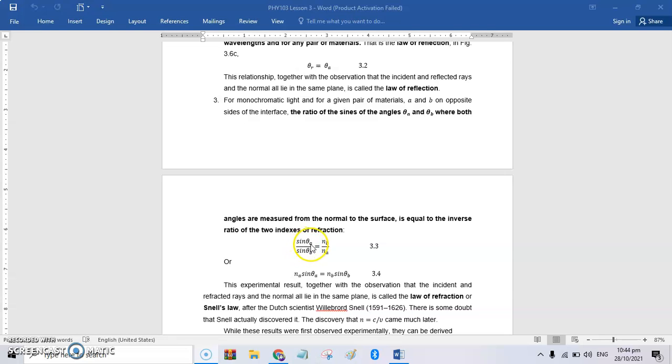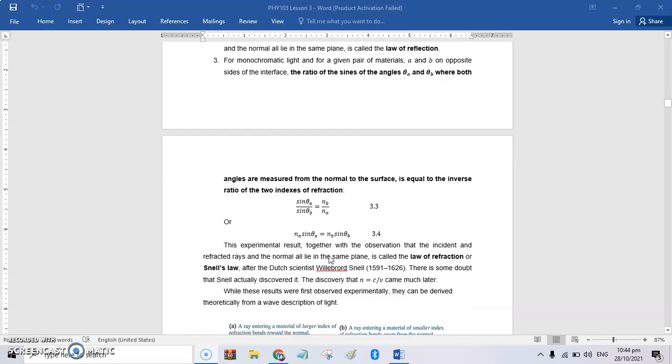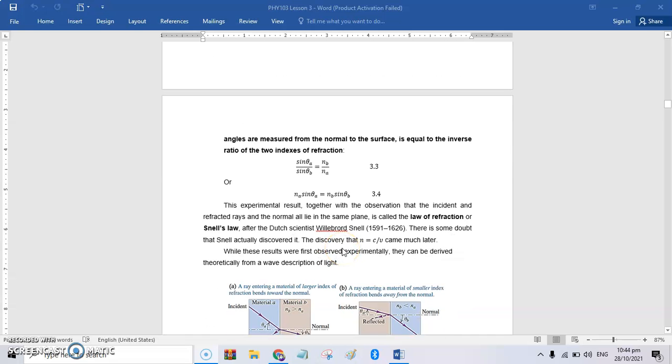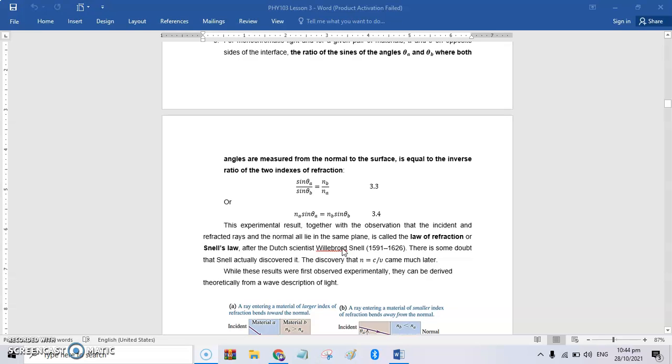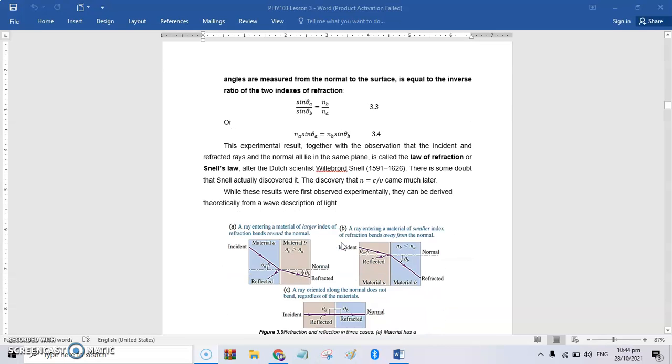Sine ni angle incident over sine ni angle refracted is equal to index of refraction ni material B over index of refraction ni material A. So, the index of refraction will depend on what kind of material it is. In the succeeding lesson, we will have these values for index of refractions of various materials.